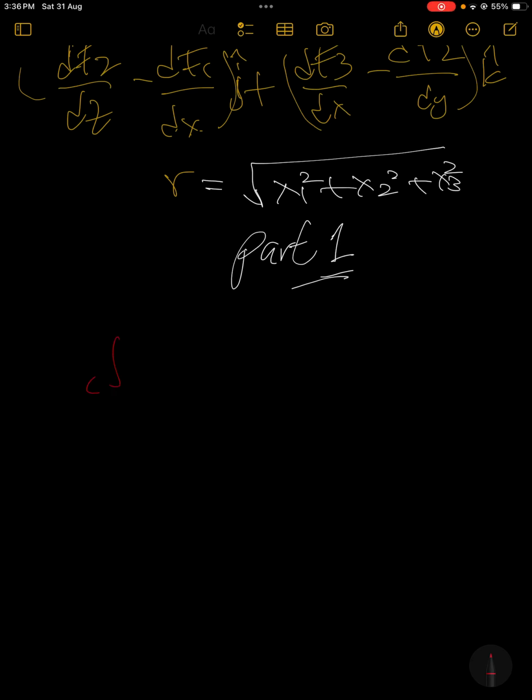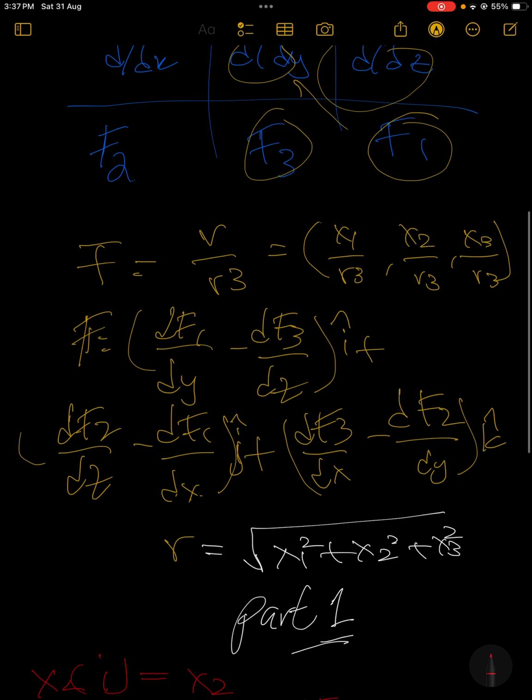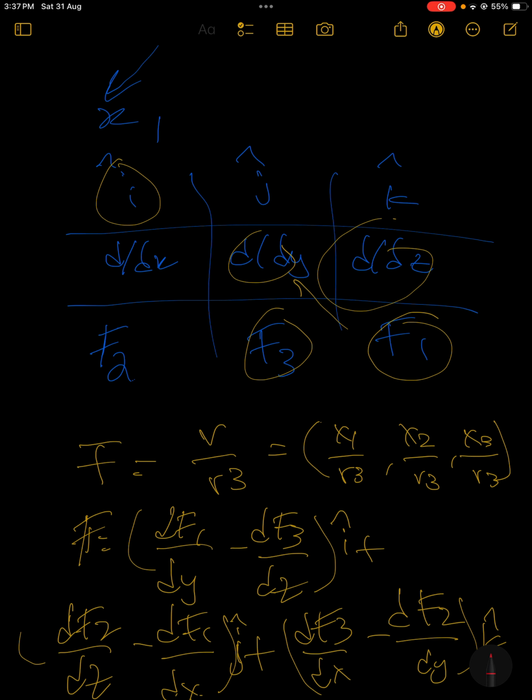So let's solve for df1 divided by dx1, for x2, for i equals x2, right? As we said in the coordinates, df1 divided by dx, which also equals df1 divided by dx2. Hear me out. So this is dx2.